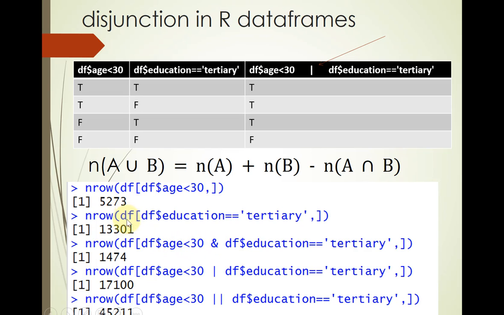In that case, it has to be less than either of these, and it's this many. And here, if we ask how many rows satisfy this one or this one, then it's going to be more than this number, and it turns out to be this number. And this is the double pipe, which we're going to explain later.